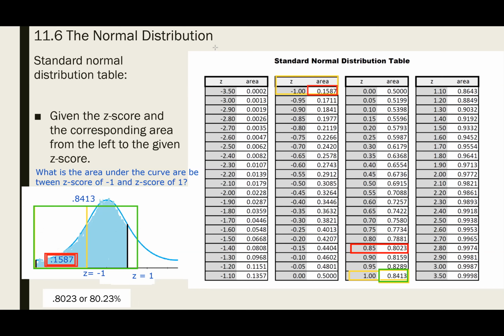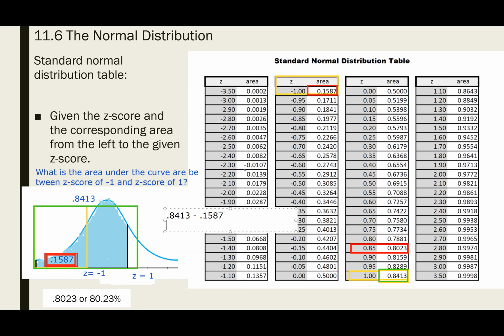So do you see that in order for me to find an item in between, all I need to do is take the longer value, which is 0.8413, minus the shorter value, which is 0.1587.